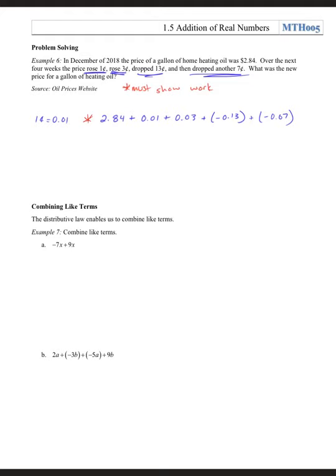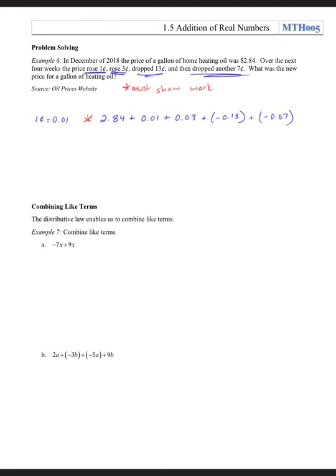So we take the $2.84 and we add 0.01, add 0.03, add the negative 0.13, and then add the negative 0.07. So therefore, the new price, let's do this in blue.